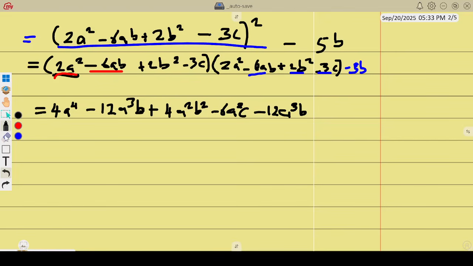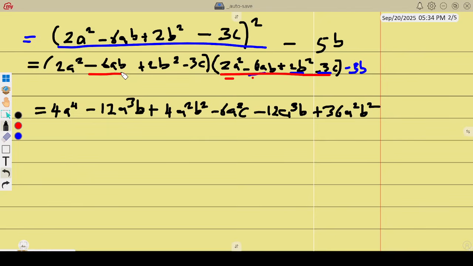Let me just highlight what we're multiplying so that you don't get lost. So we're now multiplying negative 6ab with everything in here. So what is negative 6 times negative 6? It's positive 36. And then ab times ab, it is a squared and b squared.